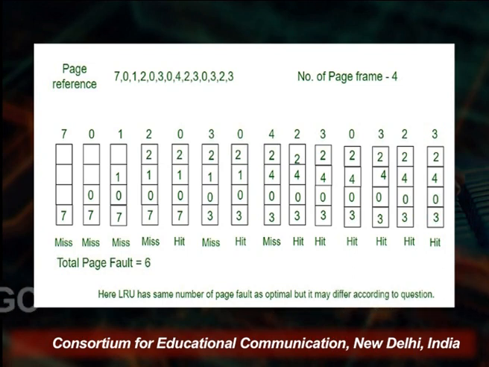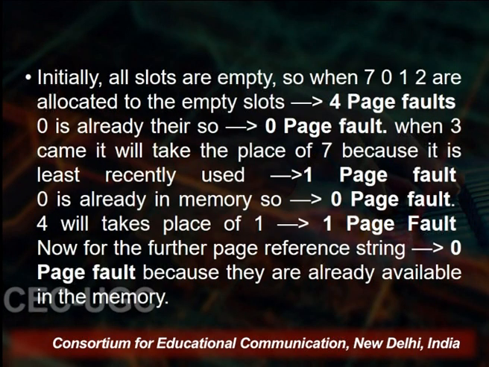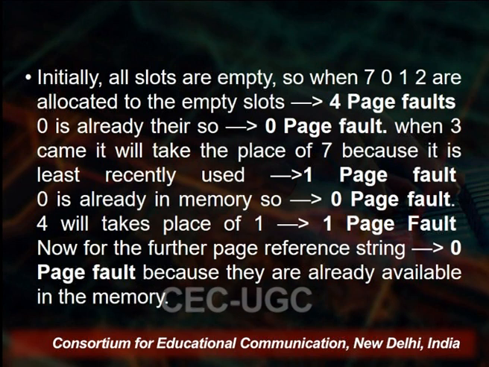Here LRU has the same number of page faults as the optimal strategy, but this may differ according to the question. But yes, from one example we can say the least recently used LRU page replacement algorithm is something which we should keep an eye on, as it could possibly be one of the best algorithms which can be used for page replacement.